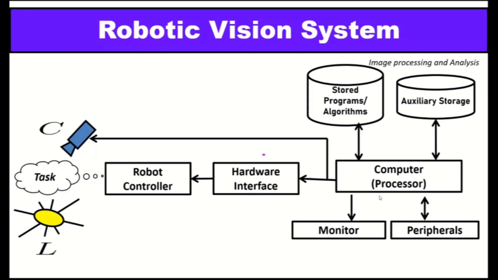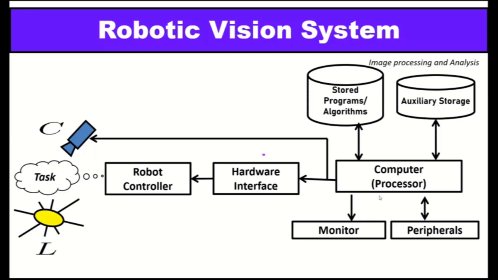In this task environment, the essential thing is light, because without light, scenes or video cannot be captured. So light is continuously falling on the task environment, and the camera is capturing all the scenes and images, which are passed first to the storage space. It can be either auxiliary storage or permanent storage. On the second side, in program memory, various algorithms pick up the stored scenes and images.